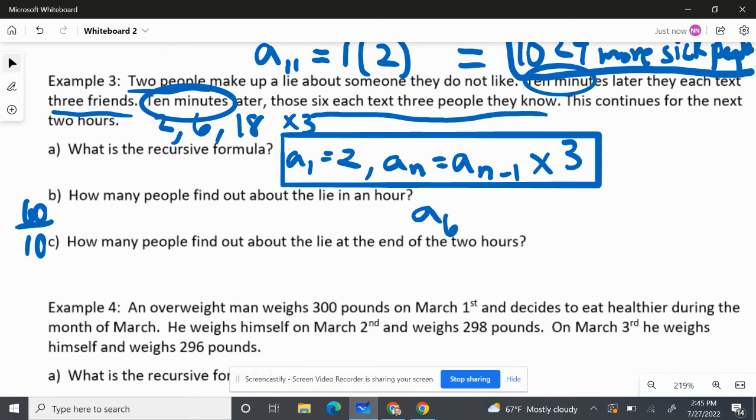So I'm finding a sub 6 equals 2 times 3 to the 6 minus 1. 6 minus 1 is 5. I'm going to take 3 to the 5th power, and then I'm going to times it by 2. And that right there gives me 486 people.